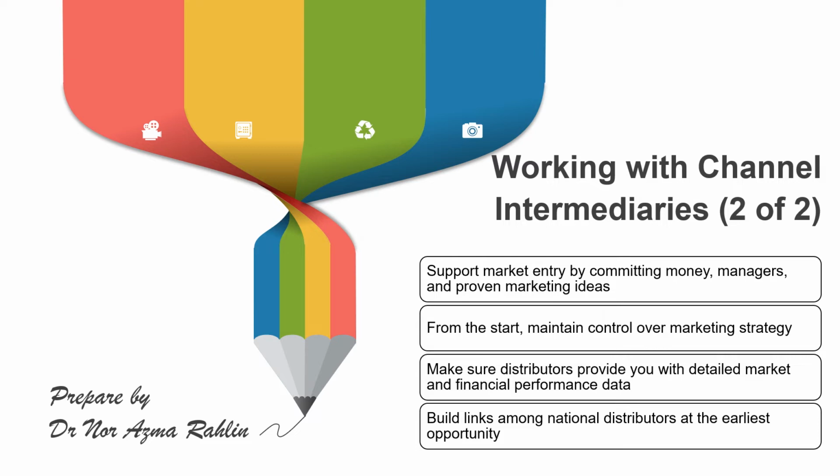Step number 7: build links among national distributors at the earliest opportunity. A manufacturer should attempt to establish links between its network of national distributors. This can be accomplished by setting up a regional corporate office or by establishing a distributor council.